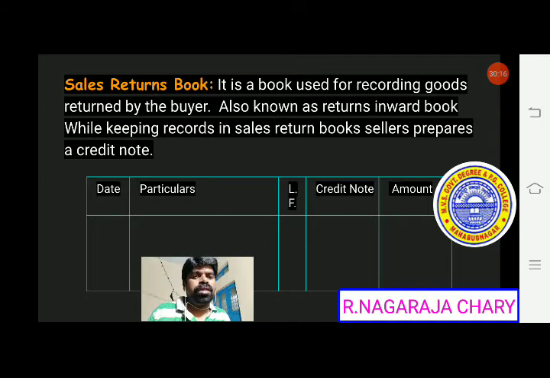That means these 4 books consist only of credit information, not cash information. Returns may come from us, or from customers and suppliers.